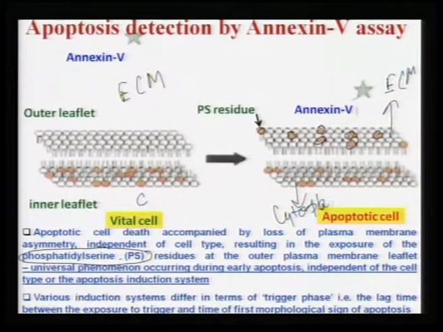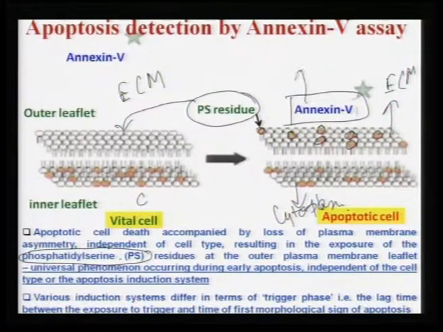But when a cell is alive, you do not see any phosphatidylserine in the outer leaflet exposed to the extracellular matrix. Now, annexin 5 is a particular fluoromolecule with specific binding capability to phosphatidylserine.